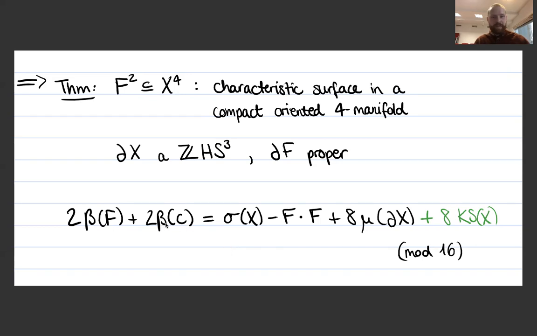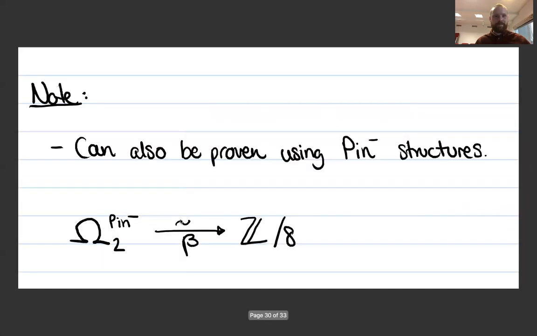Sorry, this should be beta of not C, but beta of the boundary of F, of course. And this recovers the old formula if F were in fact orientable. So I'm not going to dwell on this, and it's not important to remember what the formula looks like or anything, but that's what it is.